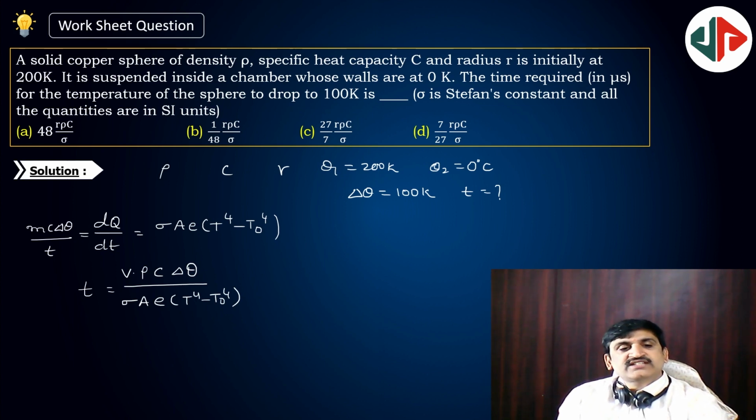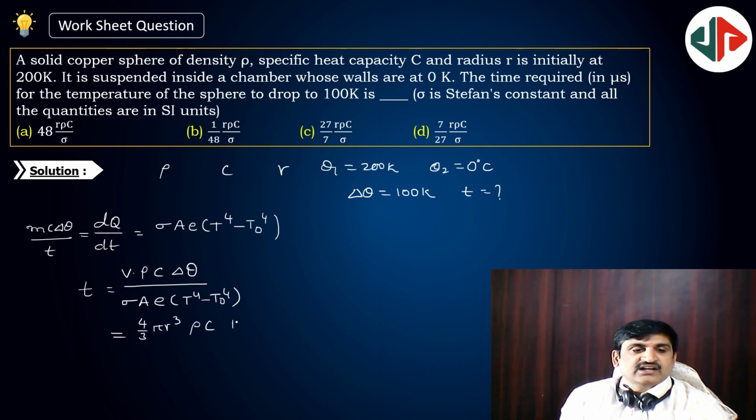So substitution is as follows: 4/3 pi r cube rho c delta theta 100 by sigma A, 4 pi r square, into e. The e value they didn't give, so e close to blackbody I can take, and 200 to the power of 4 minus 0.